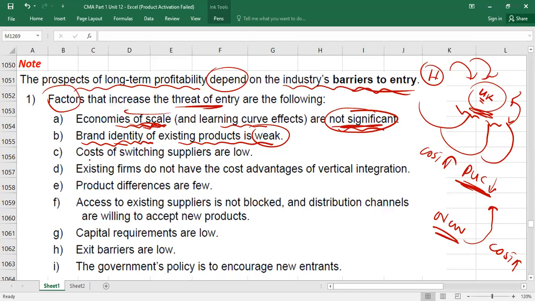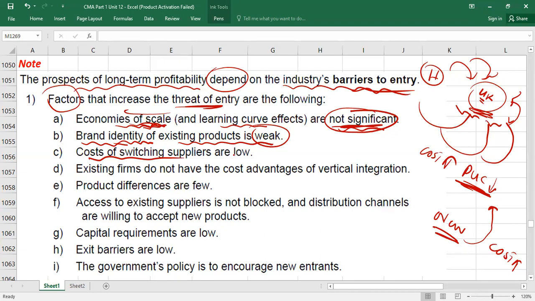Then, cost of switching suppliers is low. For example, guys, what is the cost of switching supplier? Say I'm a customer. If there are many suppliers available and I don't have any official contract with anyone, I can buy a product from you or from other competitors, right? From wherever I feel the price is low and the quality is good, I will buy the product.